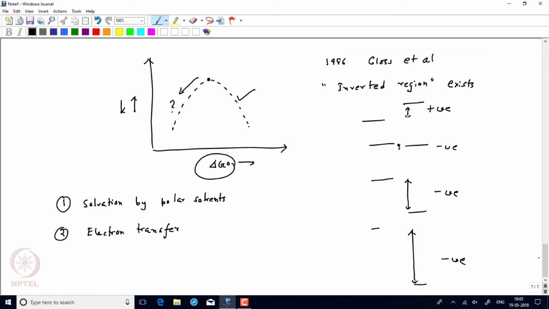If we do that, we find that at a perfect balancing condition the reaction rate will be maximum, when the reorganization energy perfectly counteracts the free energy of the reaction. However, if the free energy of the reaction is even more negative, you will not gain in the rate. Actually, the rate constant will drop, and that is successfully captured in Marcus theory.